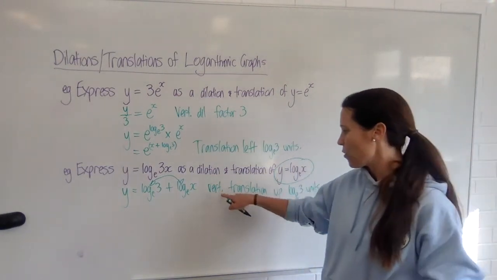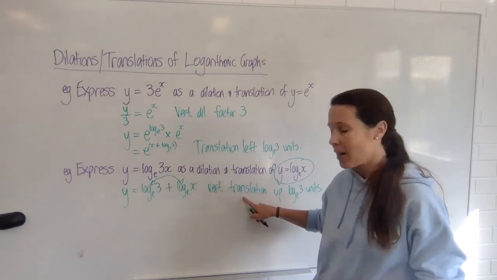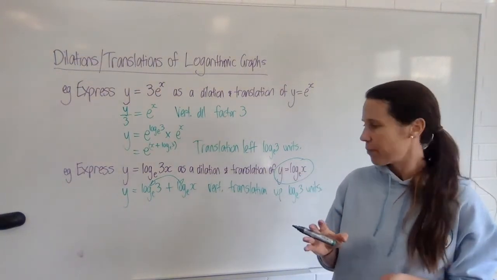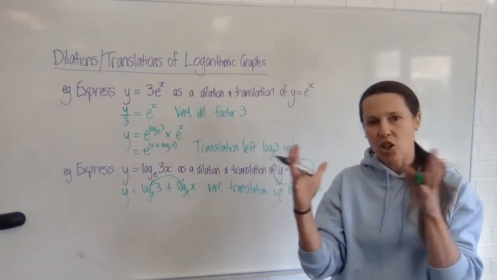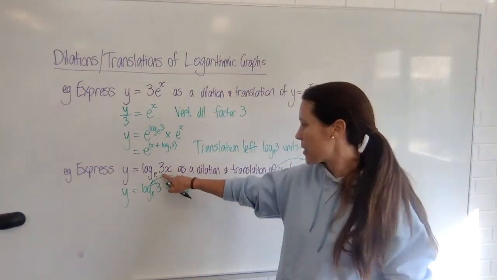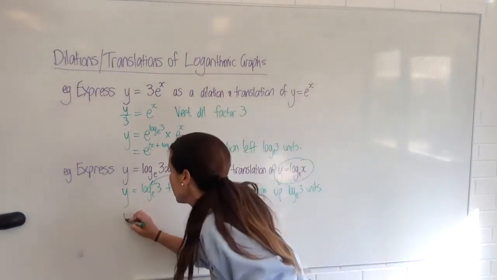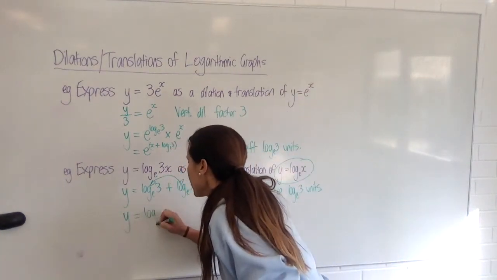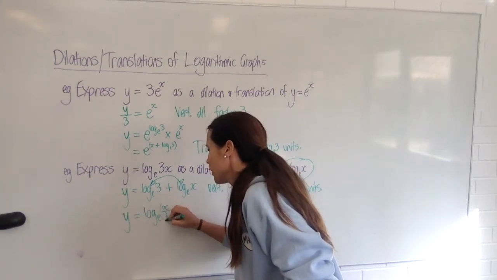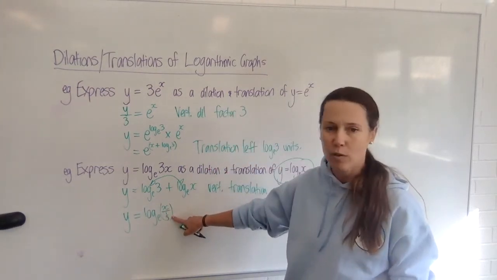Now, if I can do a vertical translation, that tells me I must also be able to do a horizontal dilation. Now, horizontal dilation changes the x values, doesn't it? Well, how can I rewrite this so that it's x divided by something? Well, 3x is the same as x divided by a third. That's a bit of a tricky one that we've seen before.